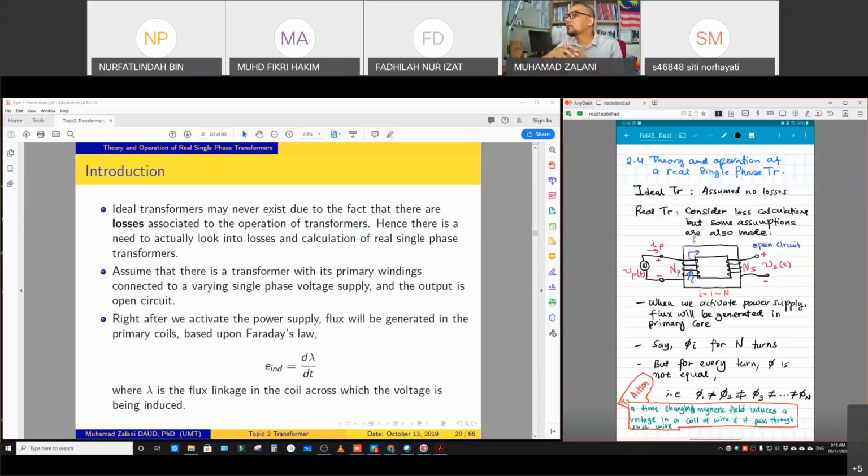So in this assumption, we consider loss calculation, but we still made some assumptions. Just have a look at this figure in my lecture notes that I have written here.